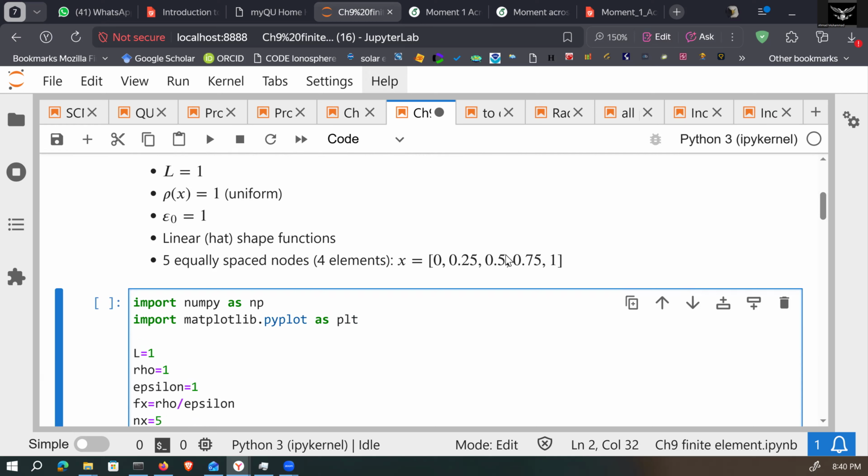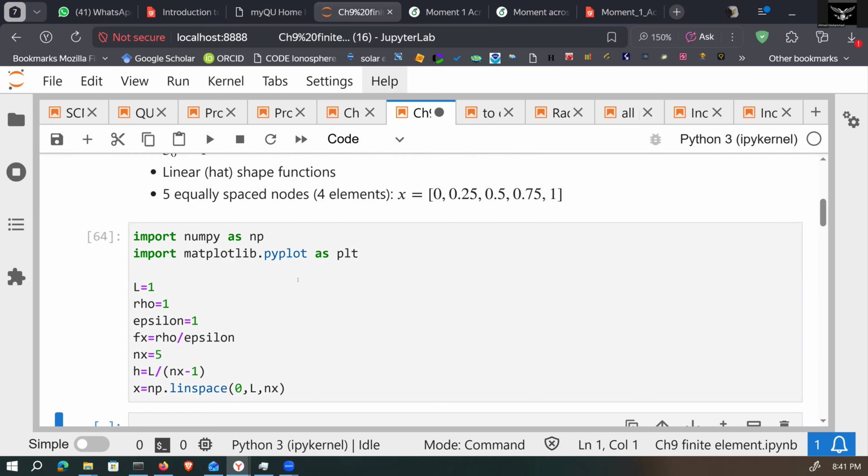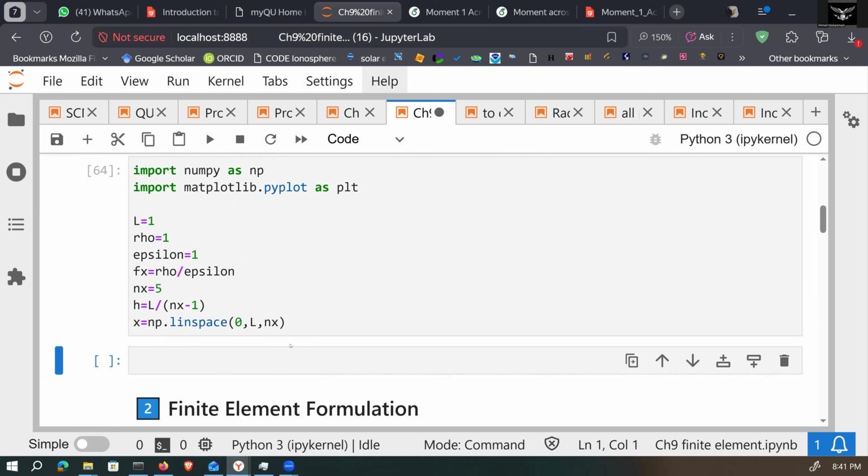That's for plotting. So I can now say np.linspace. I want to divide the interval from 0 to L into nx. Then I run this. It runs successfully. Now I think I have everything I need.